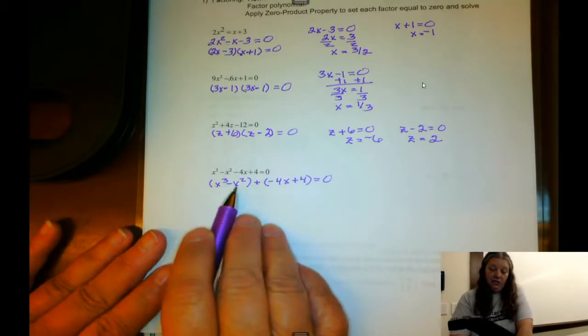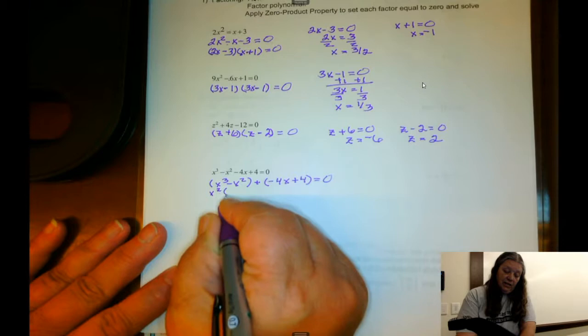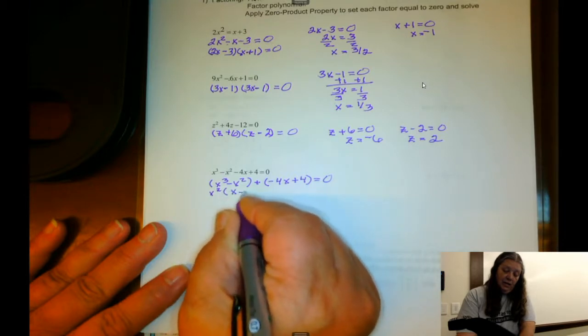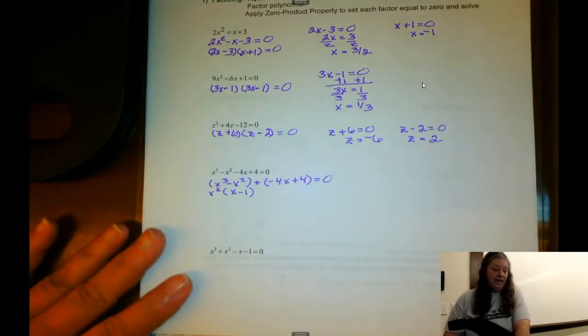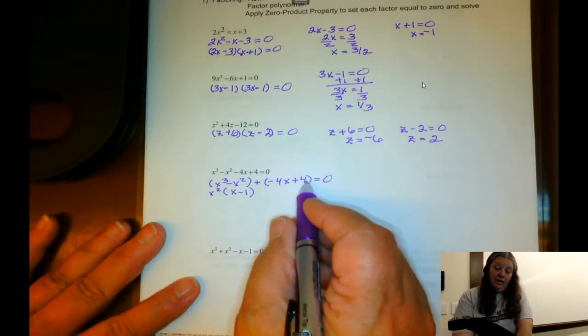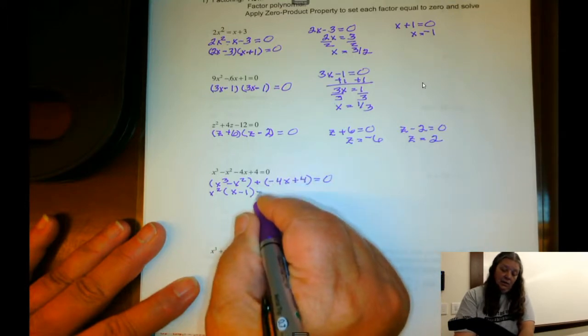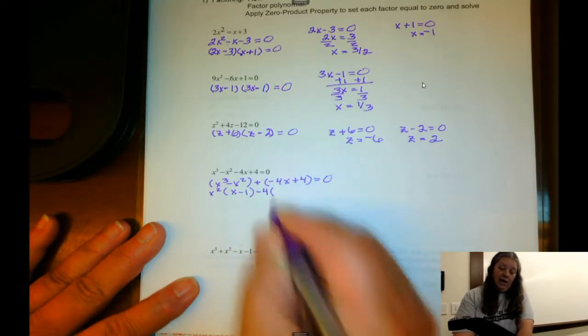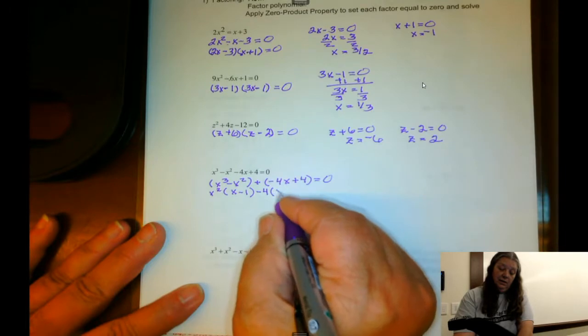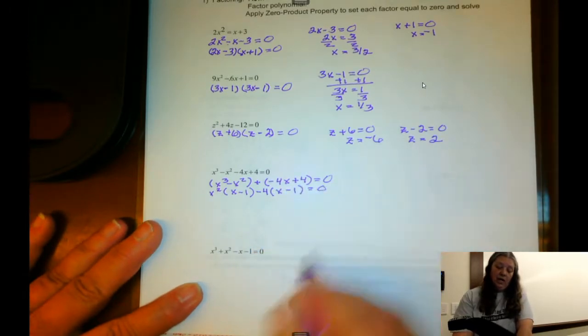So between x cubed and x squared, our common factor is x squared, and we're left with x minus 1. Here, because we want a minus as the second sign, we're doing negative 4 as our common factor, which also leaves us with x minus 1.